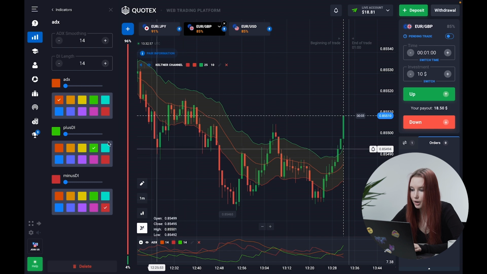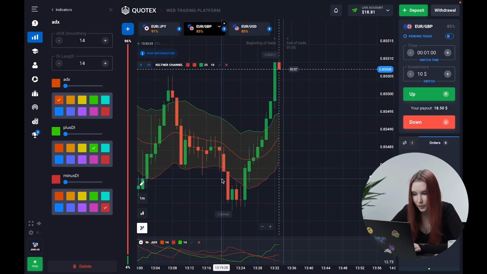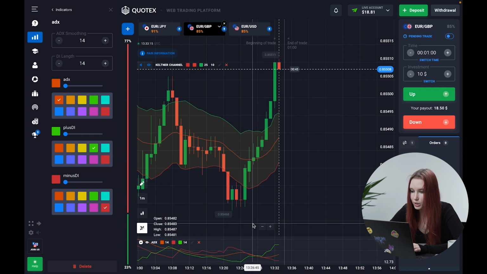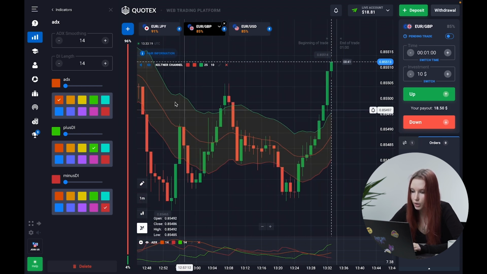Default colors are a little bit different, but I changed the colors in order to see them more clearly. I think it's more rational when plus is green and minus is red. So this plus line and this red negative line. When we see the intersection and we see the bulls or bears prevailing, that's the signal for us.